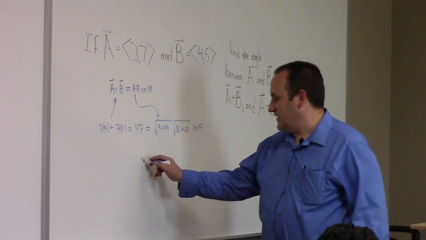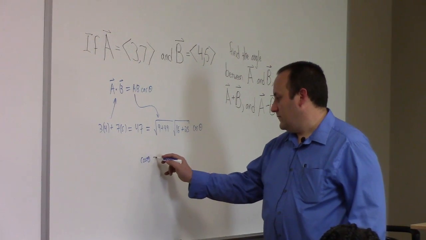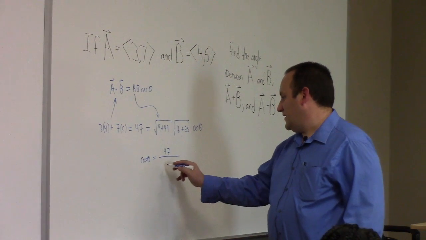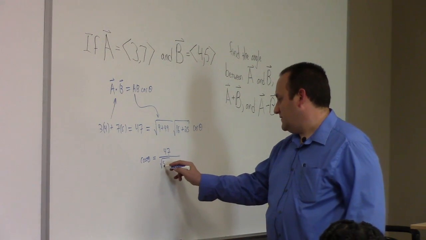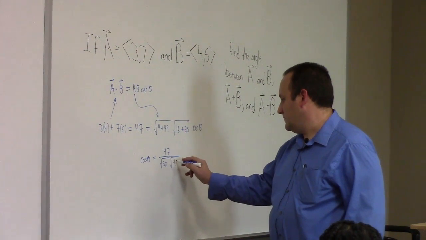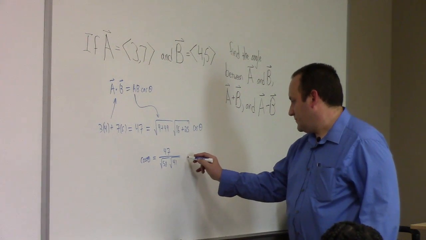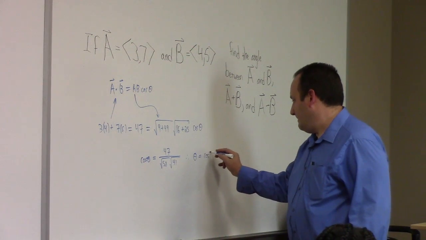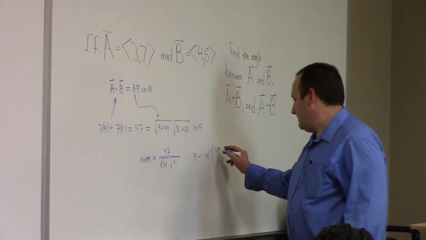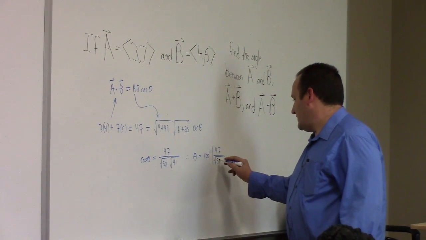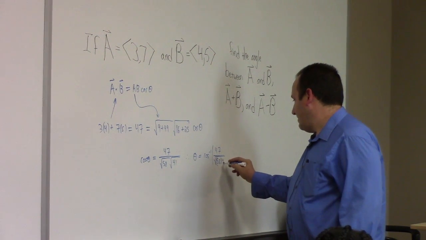So cosine theta will be equal to 47 divided by the square root of 58 times the square root of 41. So theta will be inverse cosine of that fraction. And you can do the square root of 58 times 41 if you want.